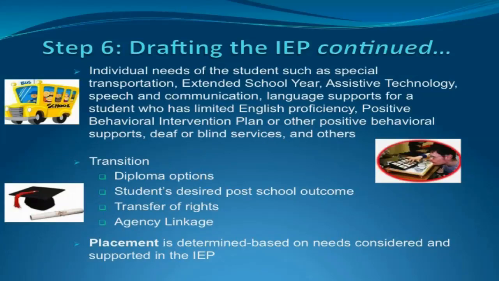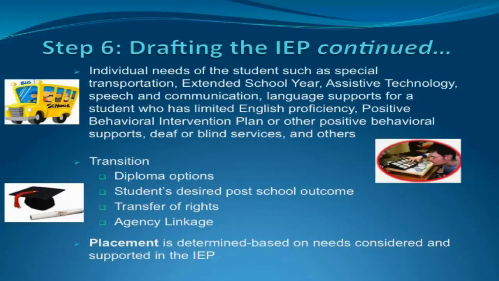The transfer of rights from minor to adulthood. And also any kind of agency linkage that would be appropriate for your child. APD, we've got vocational rehab, we've got a lot of things we can put on there. Some sort of service that they will be transitioning into from school at some point after the school is done with their obligation to your student.